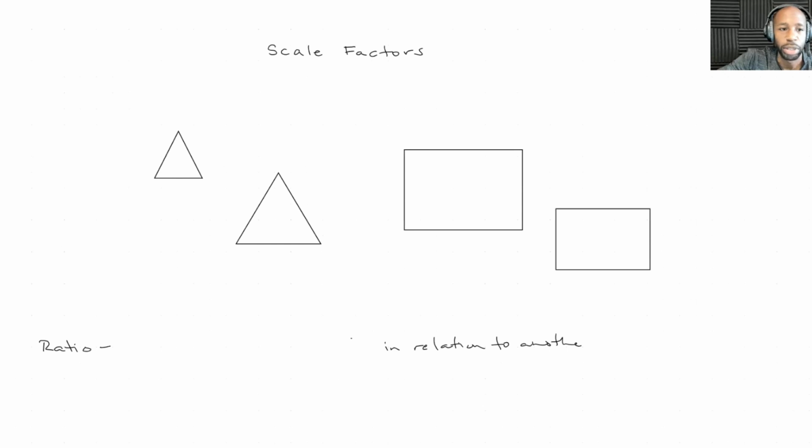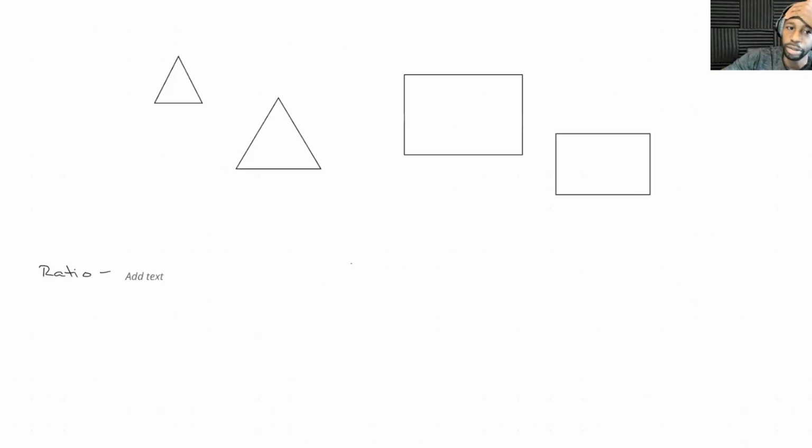I'm going to type it, okay? So we'll say a quantity of one item in relation to a quantity of another item. Okay. Let's stretch this out here this way.